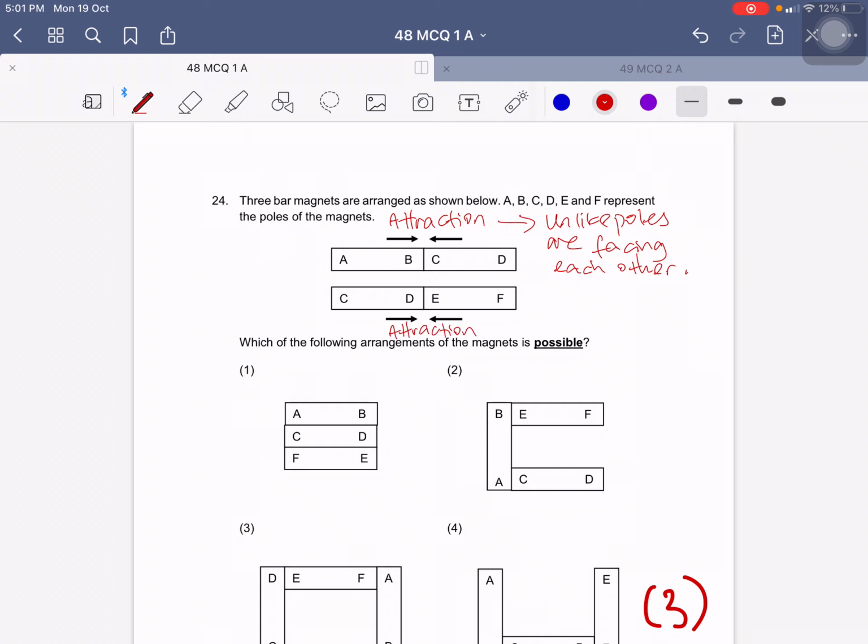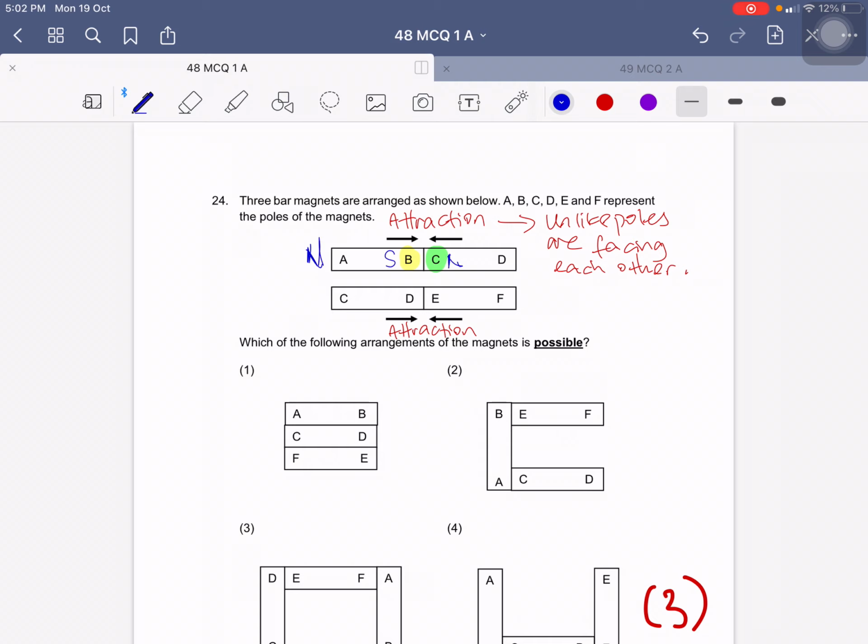Okay, so we know that B and C are unlike poles. And D and E are also unlike poles. Okay, so for this type of question, you will need to put in the north and south yourself. So what I'm going to do is just put north, south.